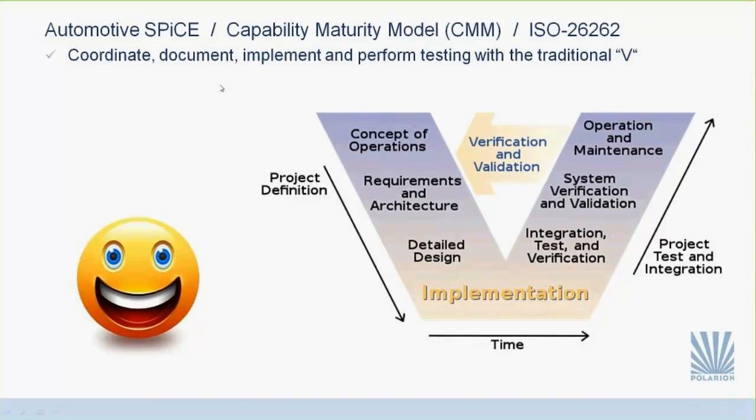Processes that we have in place right now in every process standard, like ISO 26262 and others. Everybody's following the traditional V, because it's expected that you will have requirements before you start, right? It makes sense. You cannot do something that you don't understand. And of course, you cannot test anything if it's not implemented, right?